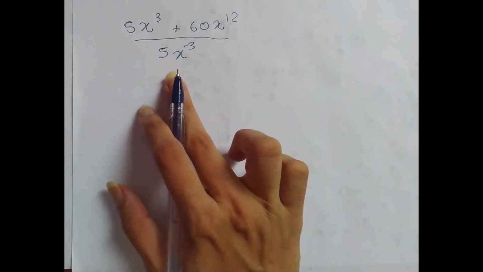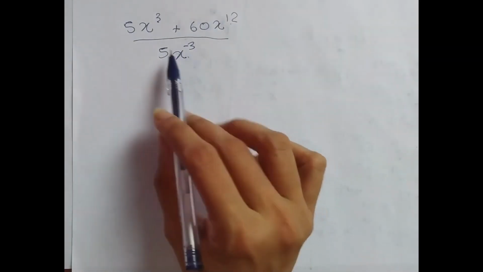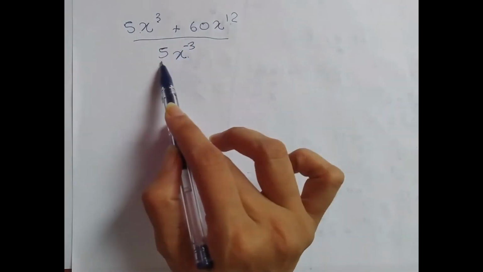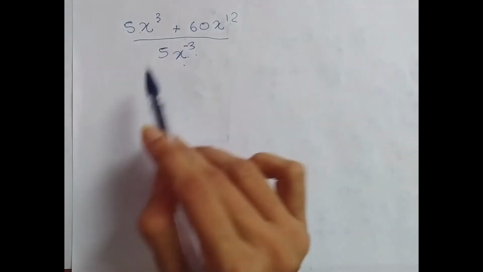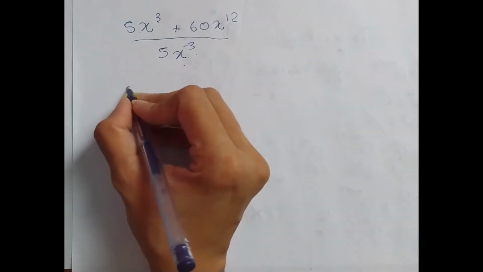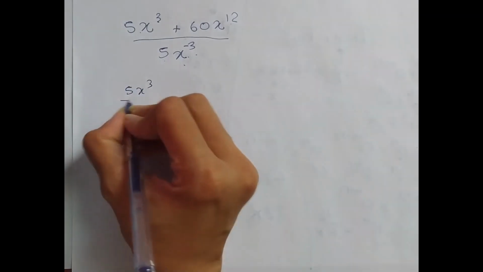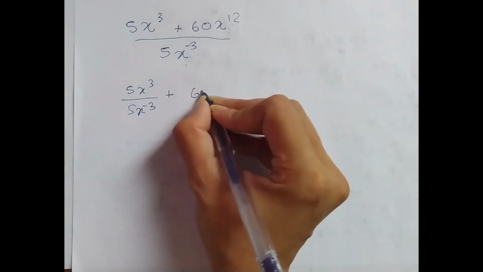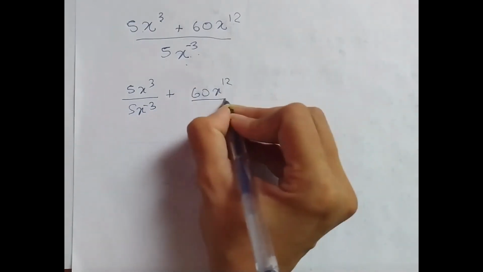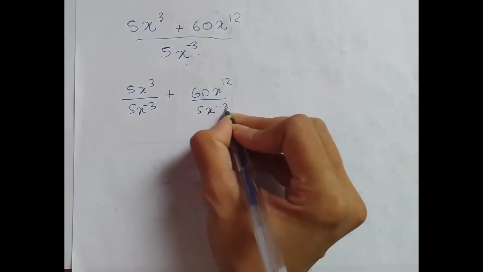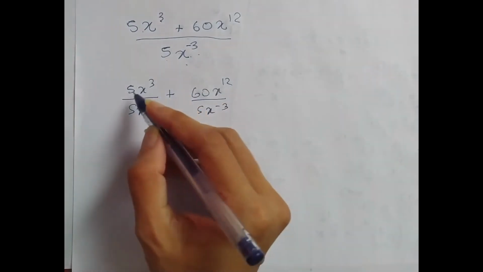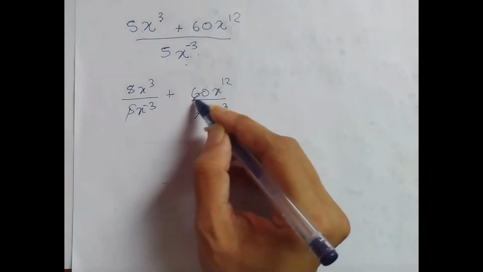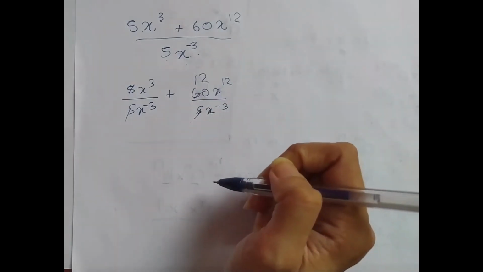Now what you are going to do? You are going to divide each of these terms by 5x to the power minus 3. We'll take the first one, 5x cubed divided by 5x to the power minus 3, plus 60x to the power 12 divided by 5x to the power minus 3. And then 5 and 5 get cancelled. Here this is 12. Okay, so that's done.